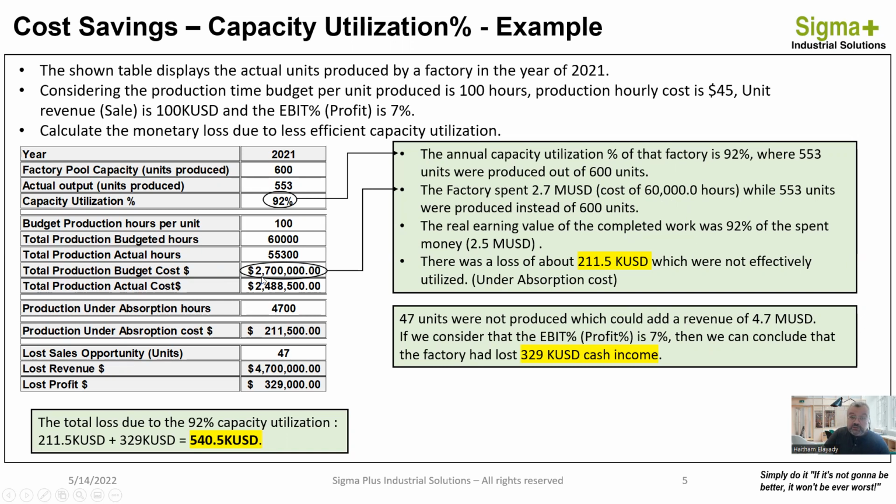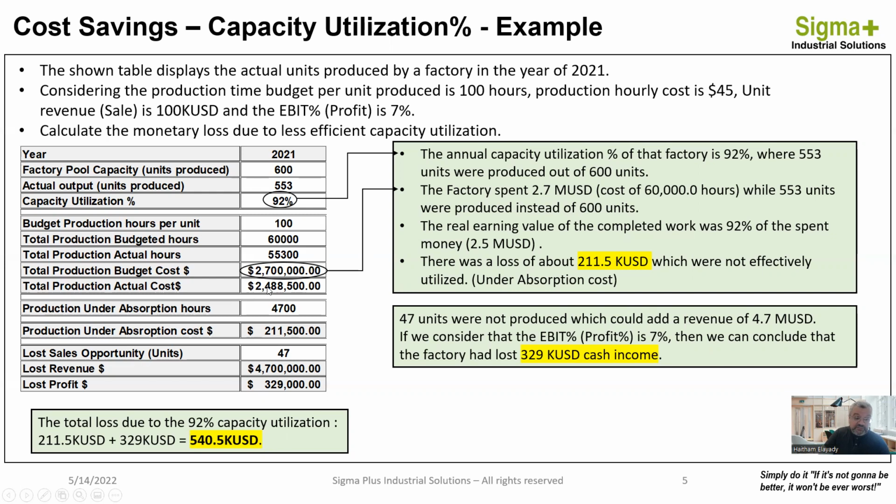And how did we get to the 2.7 million? Because we already have the information that the hourly cost is $45. Just by multiplying the 45 with the 60,000 hours, we know that the budget for investment in the factory is $2.7 million.